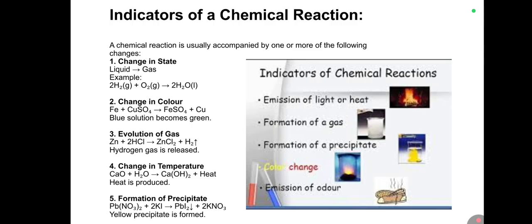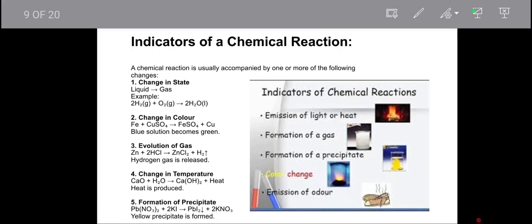Indicators of a chemical reaction means how we can indicate whether a chemical reaction has taken place or not. First, whenever a chemical reaction has taken place, there can be a change in state. Here you can see the example, the reaction of hydrogen and oxygen.